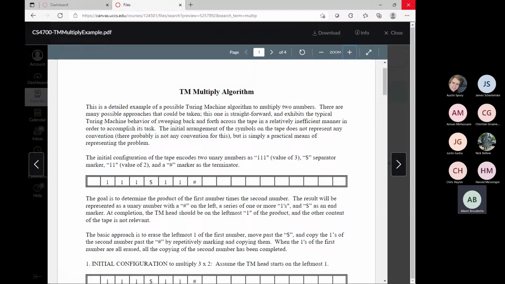So we're basically going to build our multiplication by marking off each one of these ones.